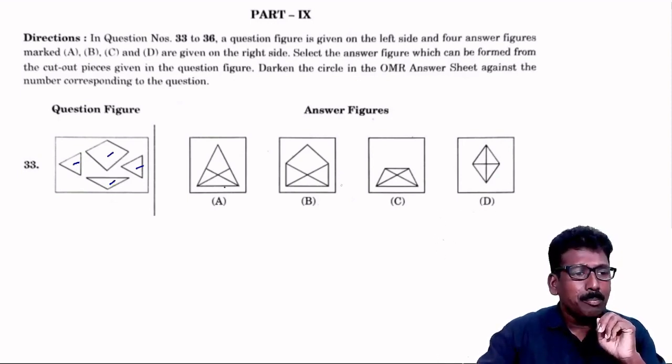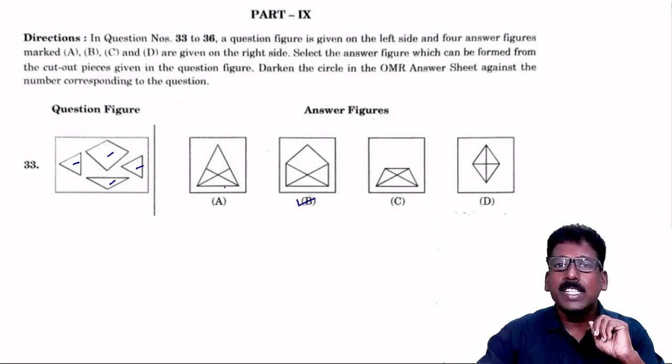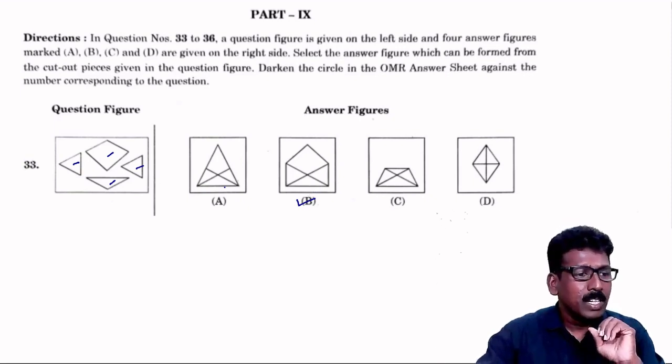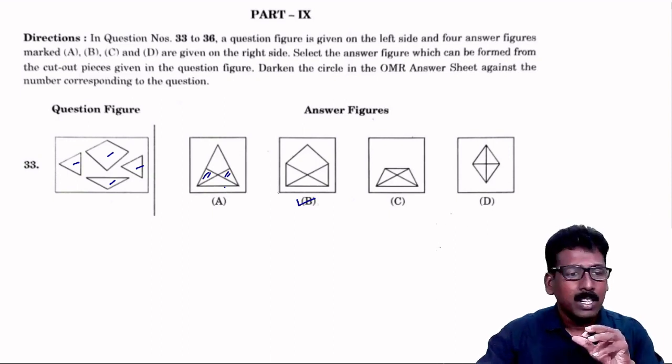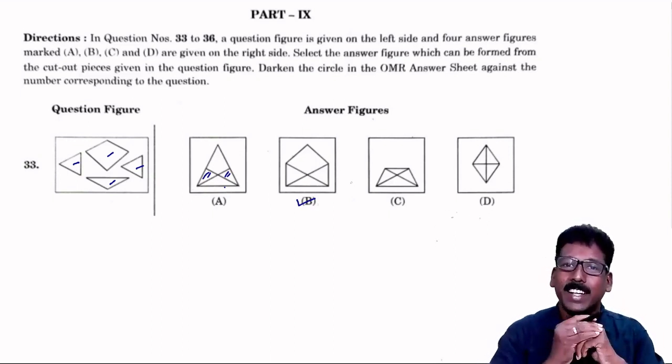Here, A and B have all these components or cutout pieces, but B is more accurate. You see, here these two triangles do not look like equilateral, and yes, B is the correct answer.